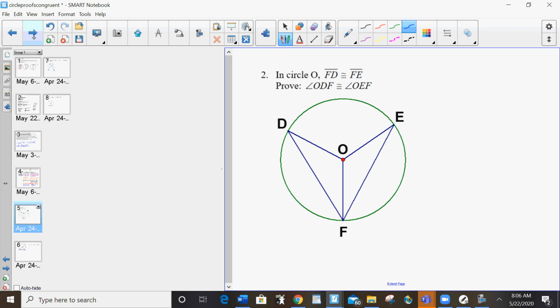Number 2, I'm always proving triangles are congruent. Is it obvious which triangles I'm proving congruent here? I'm going to say yes. I don't like the amount of space that I left myself here. And let me just move this quick.